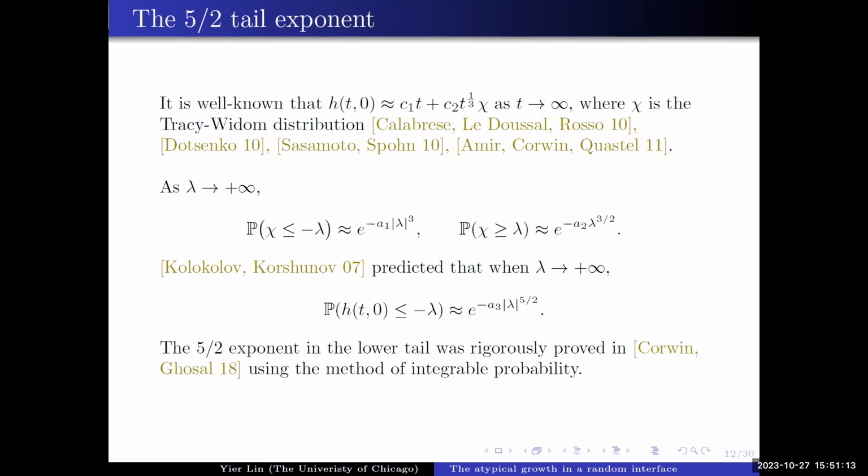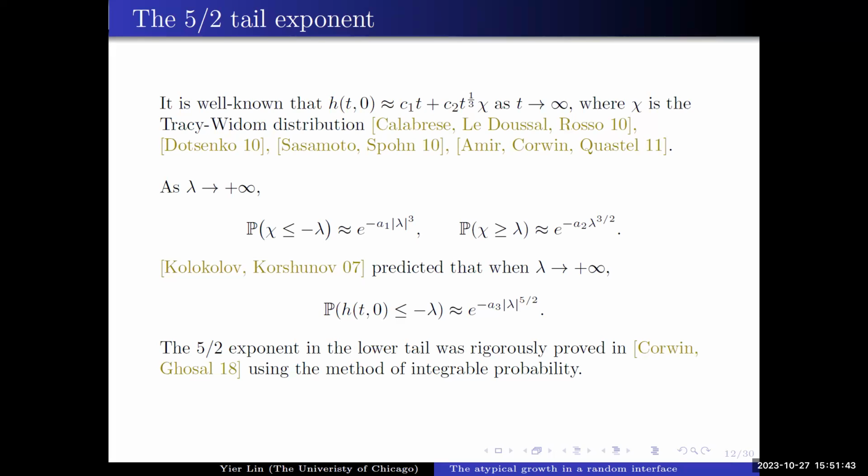They say that when you look at the lower tail behavior and you do not let time go to infinity to study the fluctuation limit, but instead look at finite time, you will see a different tail exponent that you do not observe from the fluctuation, and the tail exponent here is given by 5/2. On the other hand, there's no such transition for the upper tail, which is always given by the 3/2 exponent.